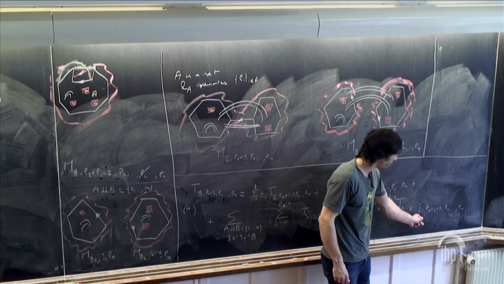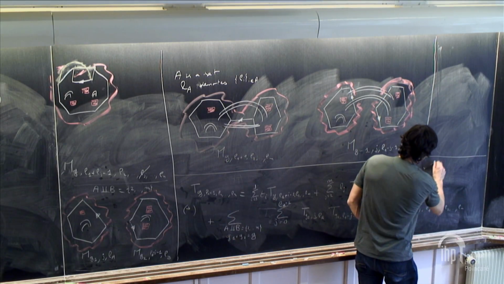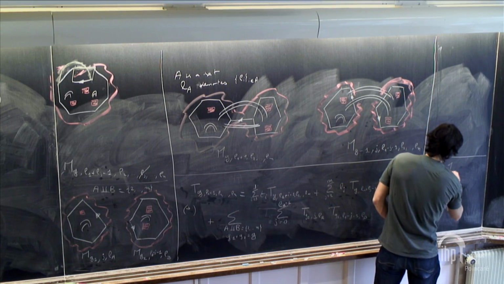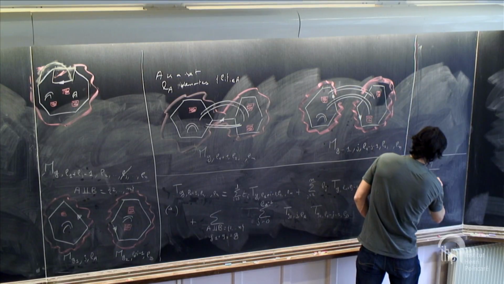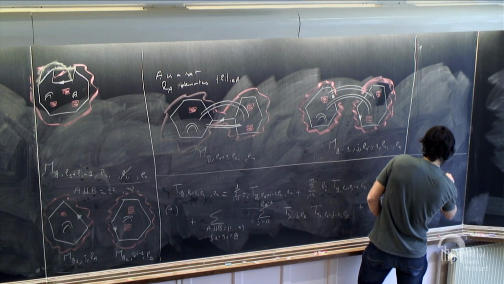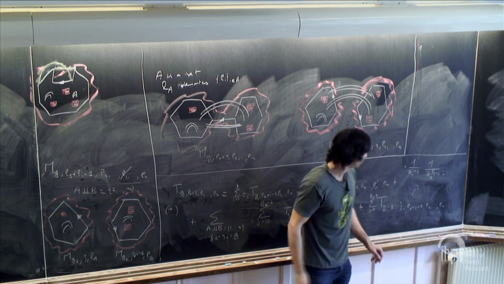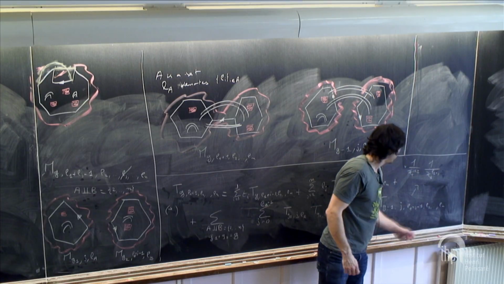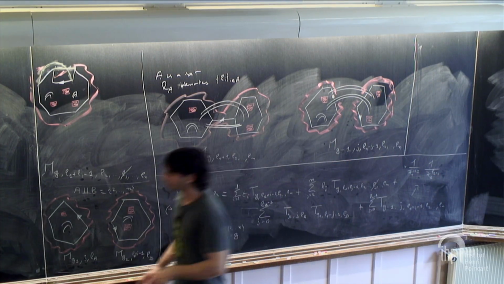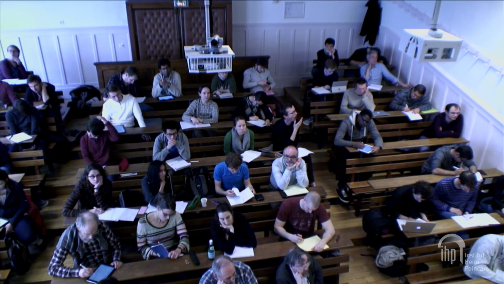Here you've got 1 over x1 to the power j plus 1, 1 over x1 to the power L1 minus j minus 1 plus 1, which gives you 1 over x1 to the power L1 plus 1, which is exactly what I did up there.